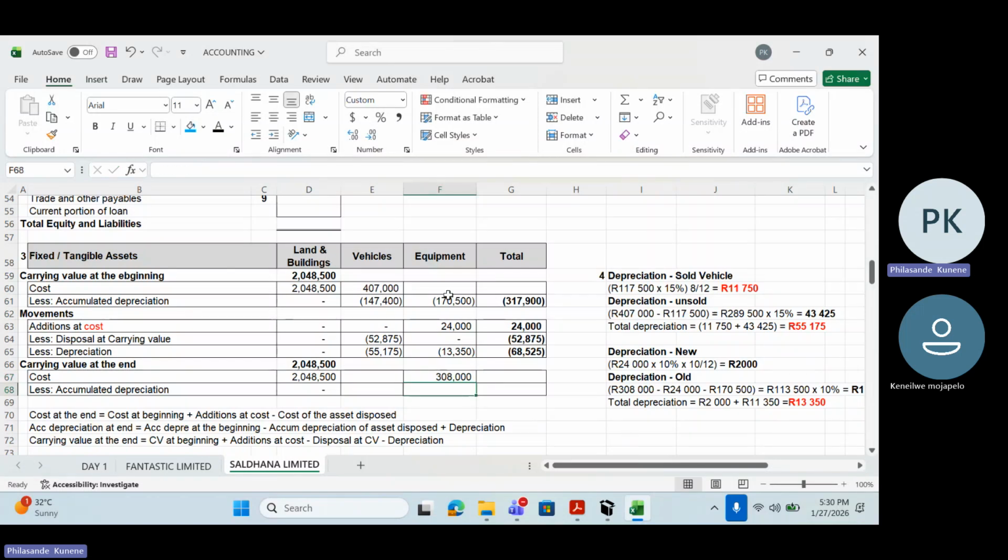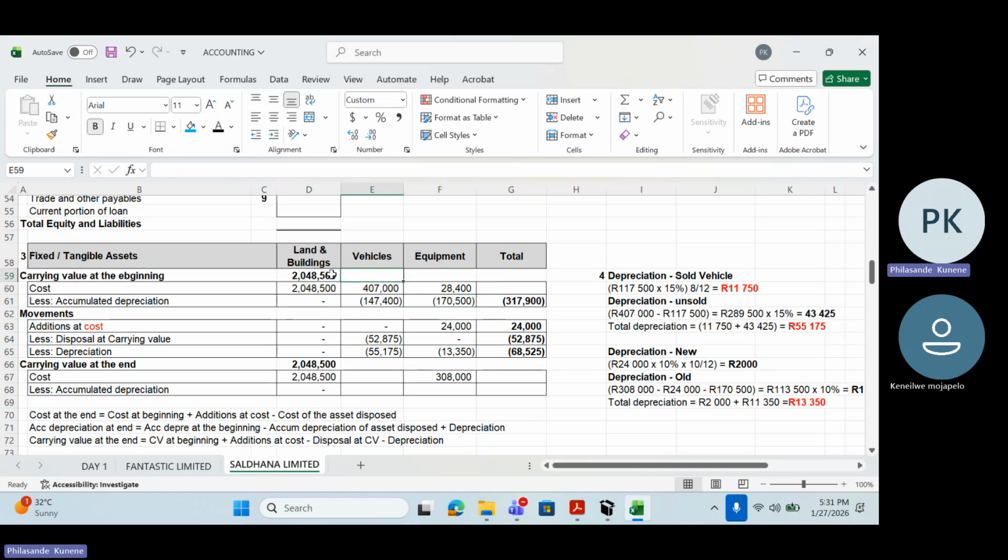Okay, so now at the beginning, how much will it be? 308 minus 24,000, and how much are we getting? 284,000. Very good. That would be the cost.